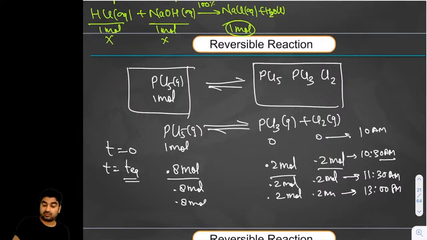So we will have 0.8 mole, 0.2 mole and 0.2 mole, and all these three reaction components are in equilibrium. And I told you that at equilibrium there will be no change in the composition, or in the concentration or partial pressure of reaction components.